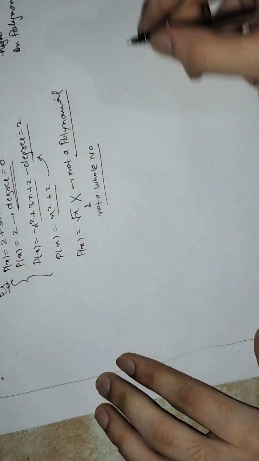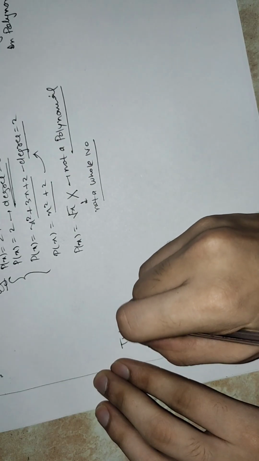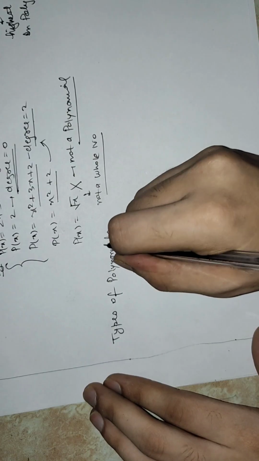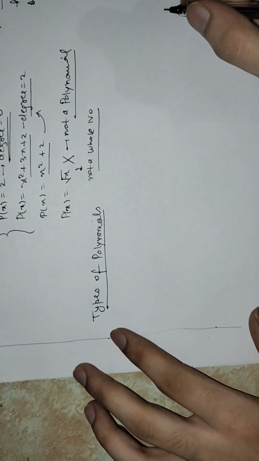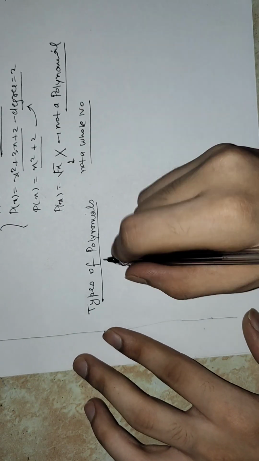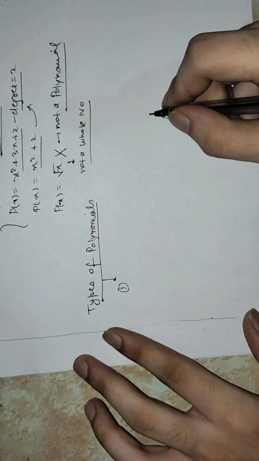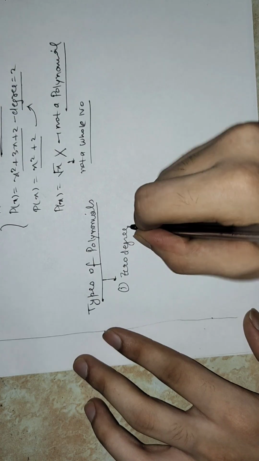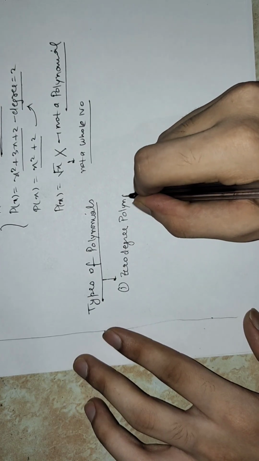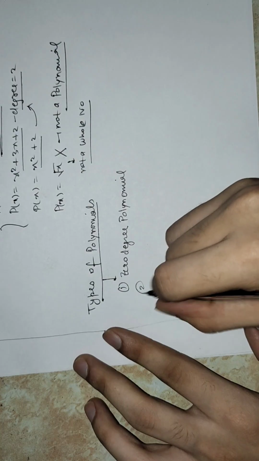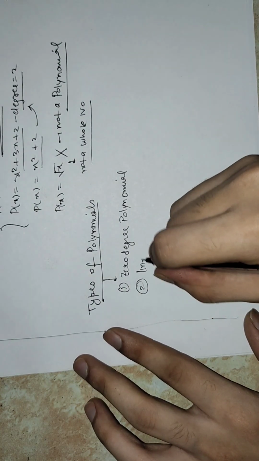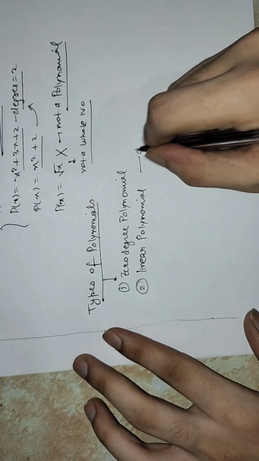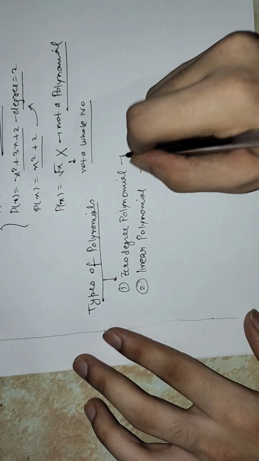Now, types of polynomials. We have different types of polynomials depending on the degree. The polynomial with degree 0 is called a zero degree polynomial. A linear polynomial has degree 1.